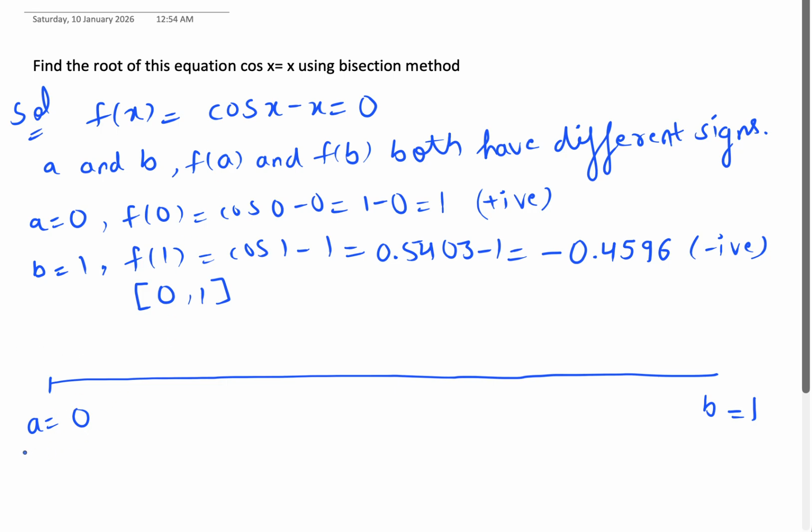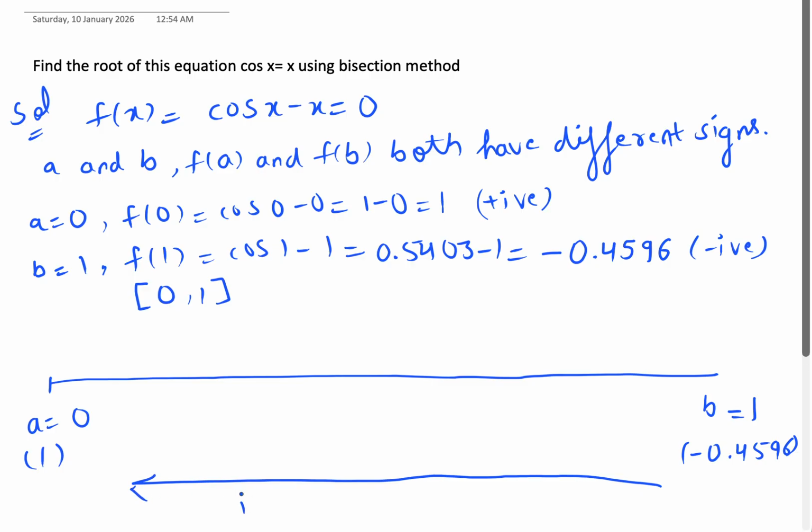It was 1, I'm writing in brackets, and f(1) was negative 0.4596. What we can clearly see from here is that the value is decreasing in this direction. Which means the 0 will be somewhere between here.